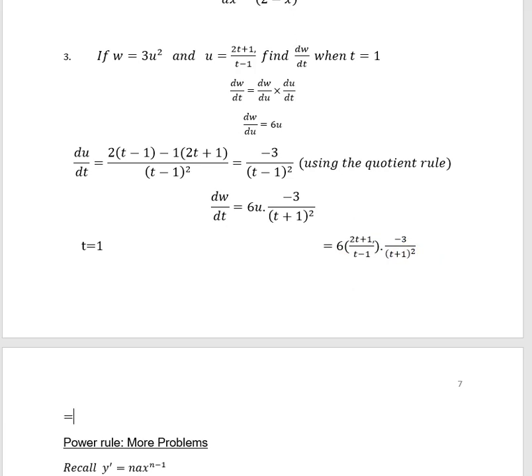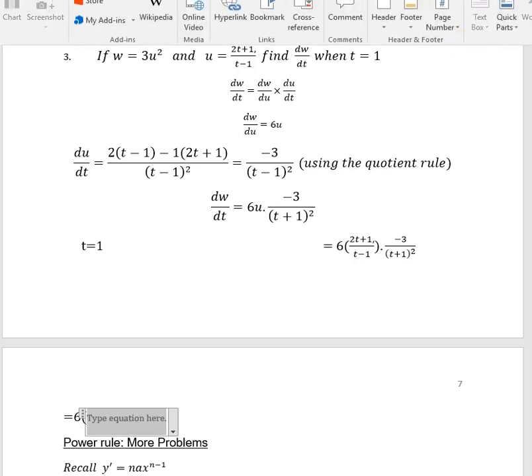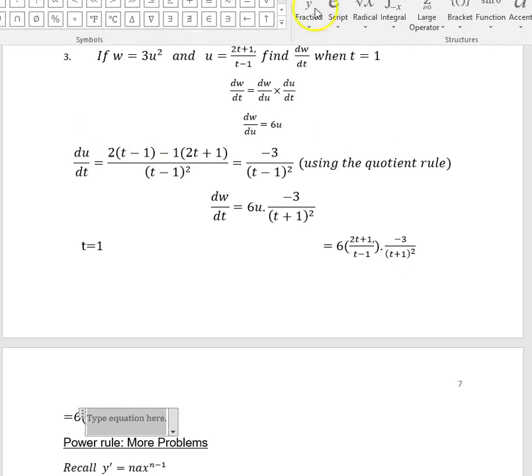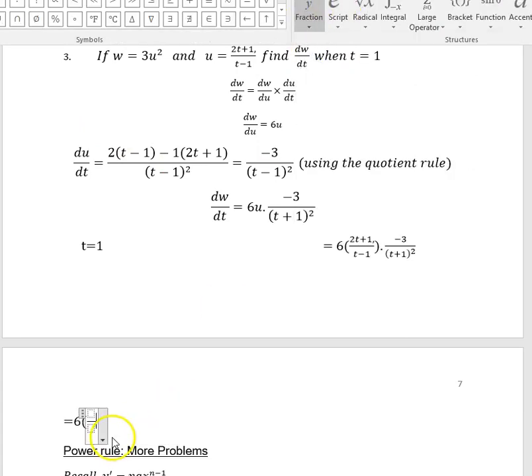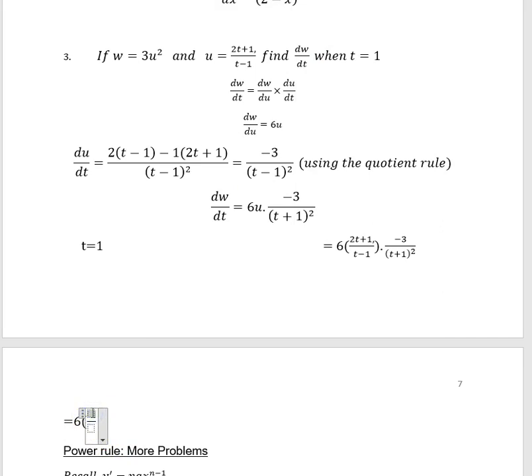6 times, open bracket, the fraction 2 times 1 plus 1 over 1 minus 1, and don't forget that is to the power of 2. So let's make it to the power of 2.